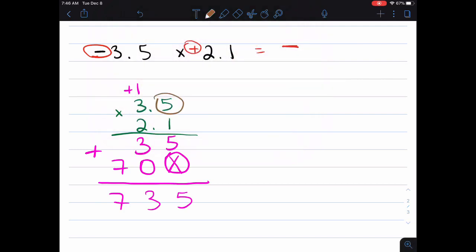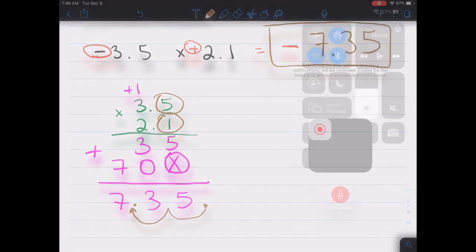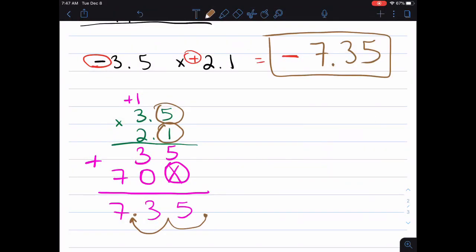I have 1, 2. Here's my point. I move 2 times to the left. Me muevo 2 veces a la izquierda. My answer is negative 7.35. Mi respuesta es negativo 7.35.